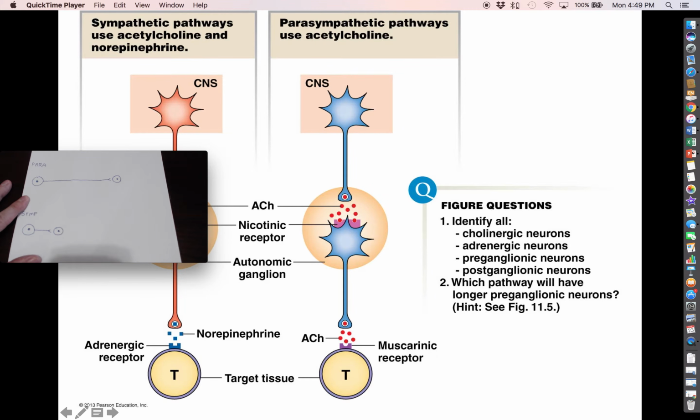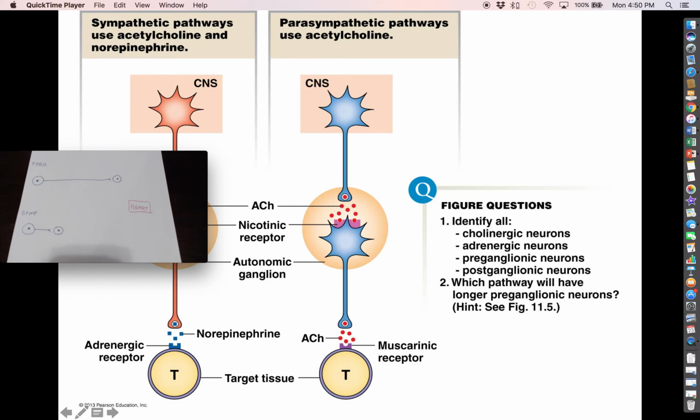When we're talking about dual innervation, we're talking about some visceral organ that is probably going to get both sympathetic and parasympathetic input simultaneously. So we'll use the heart as our example. With autonomic activity, we can either get the heart to reduce its activity, meaning the heart rate goes down, blood pressure goes down, less blood being pumped out, or we can increase its activity with the sympathetic division.